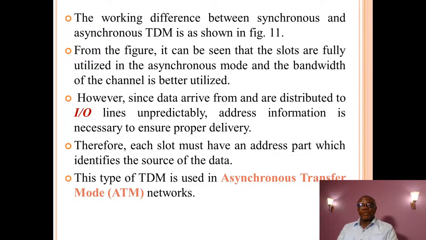Therefore, each slot must have an address path which identifies the source of the data. This type of TDM is used in asynchronous transfer mode networks, which is known as ATM networks, not ATM where you go to withdraw money.